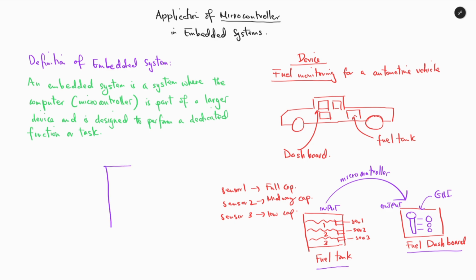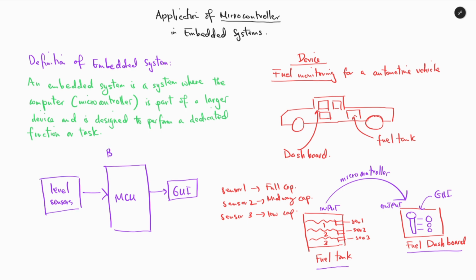And we can select a specific microcontroller, we can call it the MCU, and the output is to the graphical user interface, and the input to this microcontroller will come from, let's say, the level sensor. And this can be the block diagram of the fuel monitoring system.